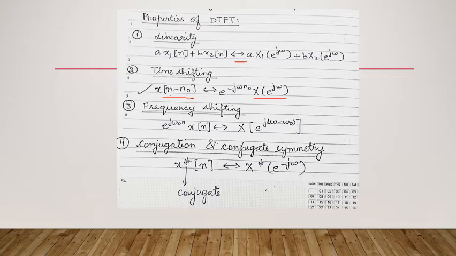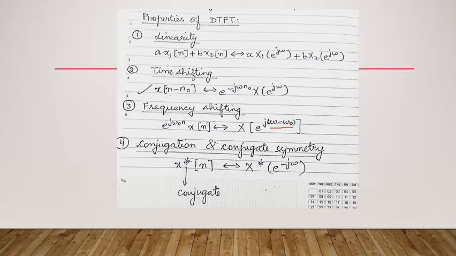Now, let us begin from the right hand side of this particular formula. In the right hand side, this ω minus ω0 is showing the frequency shifting, as ω is the frequency and we can see there is a shift in the frequency.